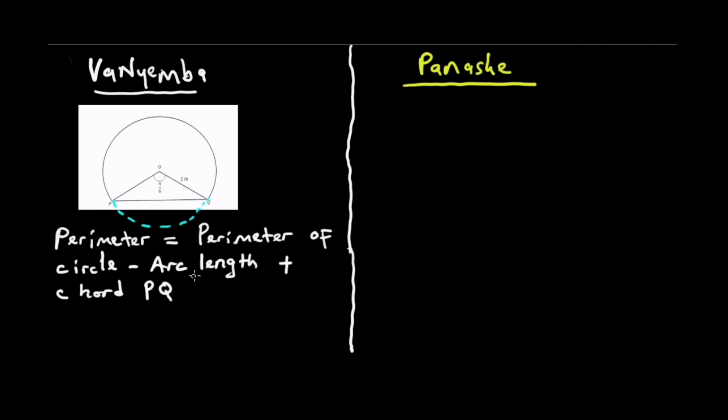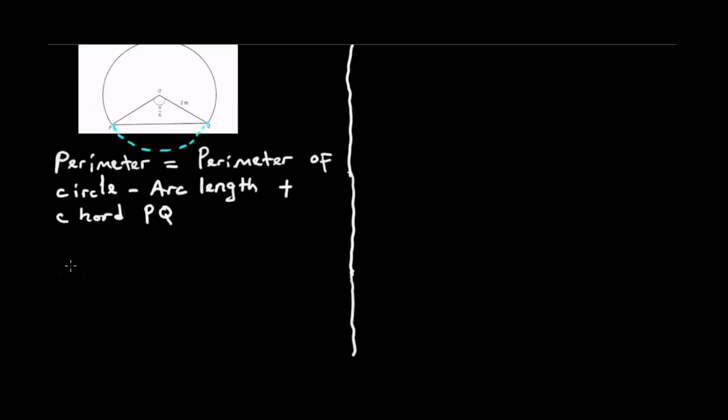Then minus arc length refers to the arc length of this minor segment, meaning we are left with the arc length of this major segment. Then plus chord PQ, meaning this straight line from P to Q. So how did we calculate?